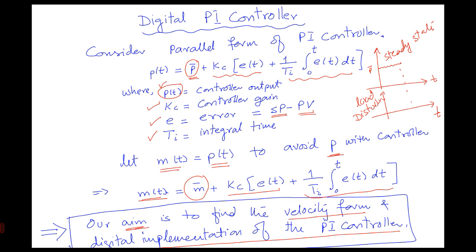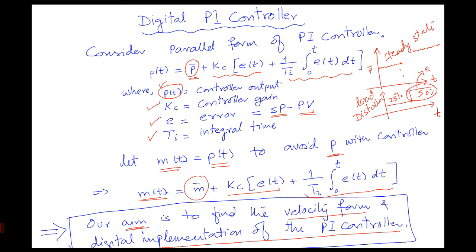We can assume that the load is, for example, a constant load of 10 or 25%, and suddenly it changes to, let's say, 50%. This change will cause some error, and due to the error the steady state will be disturbed, and the next steady state value might be this.